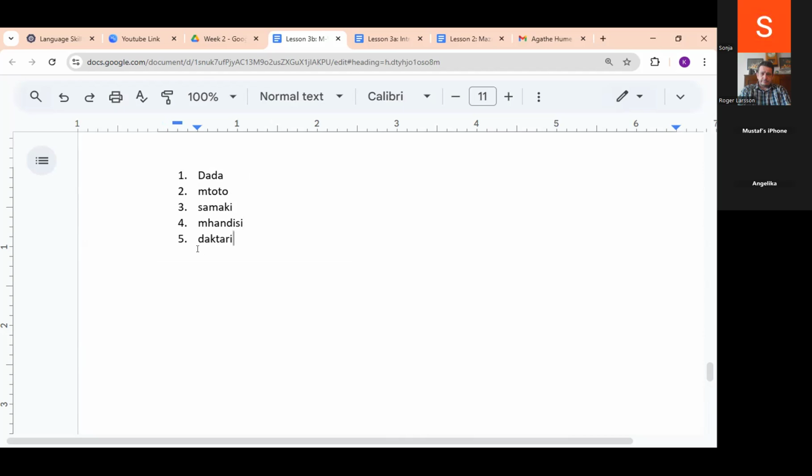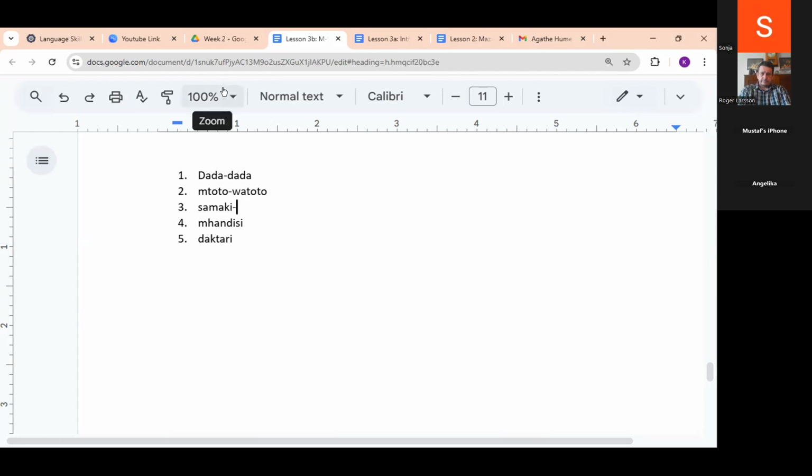Okay, how will these words be in plural form? Moja, kaka Mustaf. Dada. It's not changing. Dada is dada. Vizuri sana. Mtoto, dada Sonia, watoto.